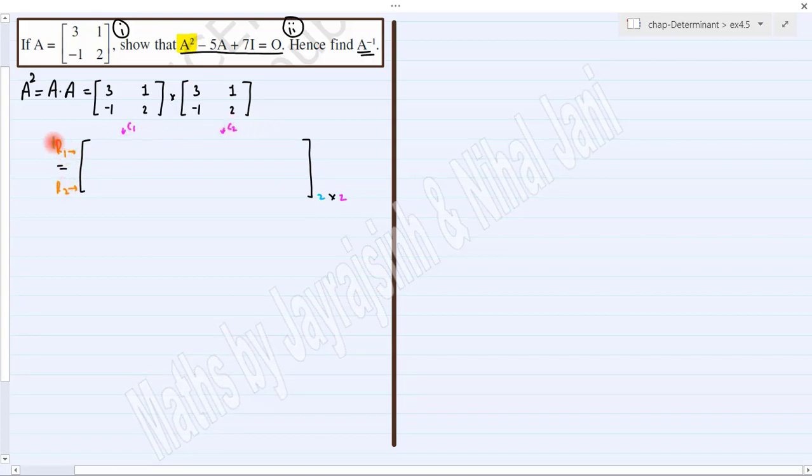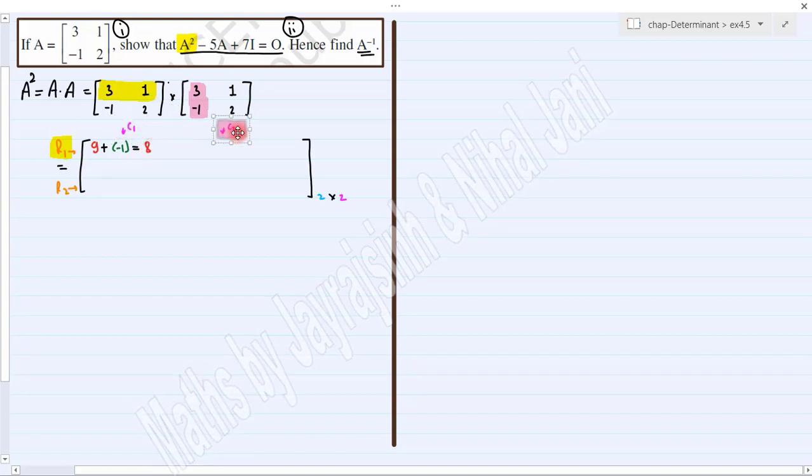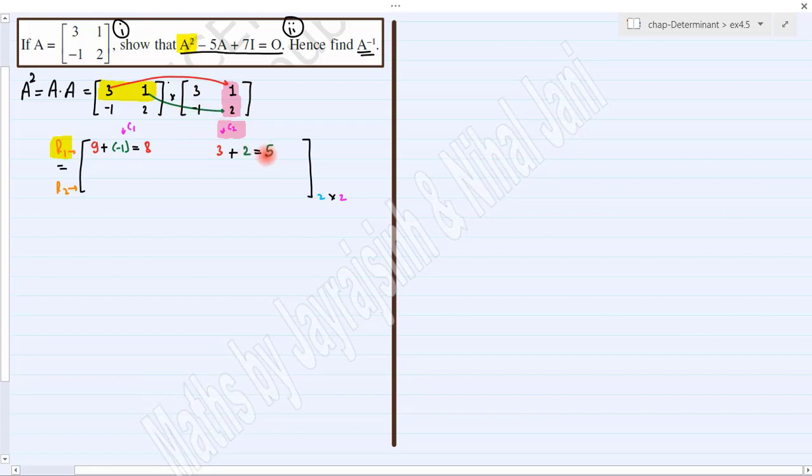So let's obtain your first element, which is in first row and first column. So let's multiply first row of first matrix and first column of second matrix, and we will get 8. Then the next element is in second column, which will give us 5. So we get the elements of first row.